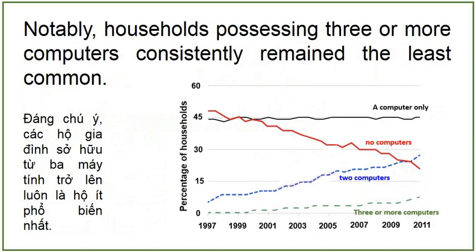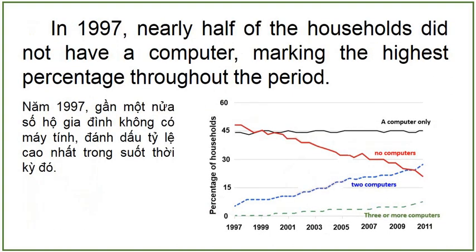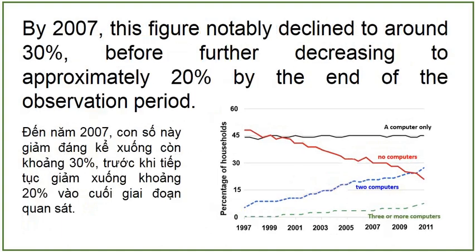Notably, households possessing 3 or more computers consistently remain the least common. In 1997, nearly half of the households did not have a computer, marking the highest percentage throughout the period. By 2007, this figure notably declined to around 30%, before further decreasing to approximately 20% by the end of the observation period.